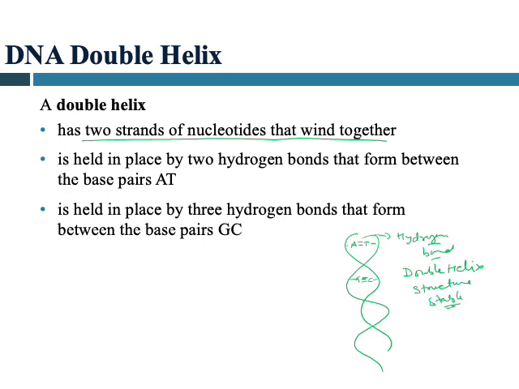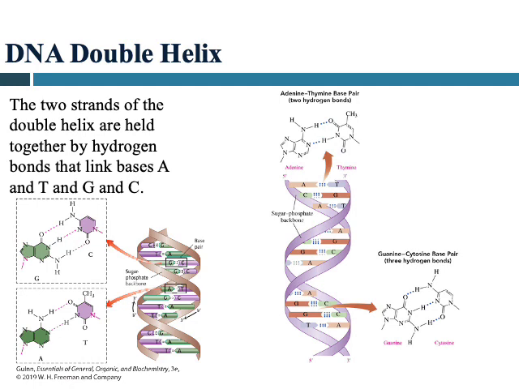right? If there were no hydrogen bonds, this double helical structure would unwind into separate nucleotides, right? But because of hydrogen bonds, they form the double helix structure, right? So this is the structure.